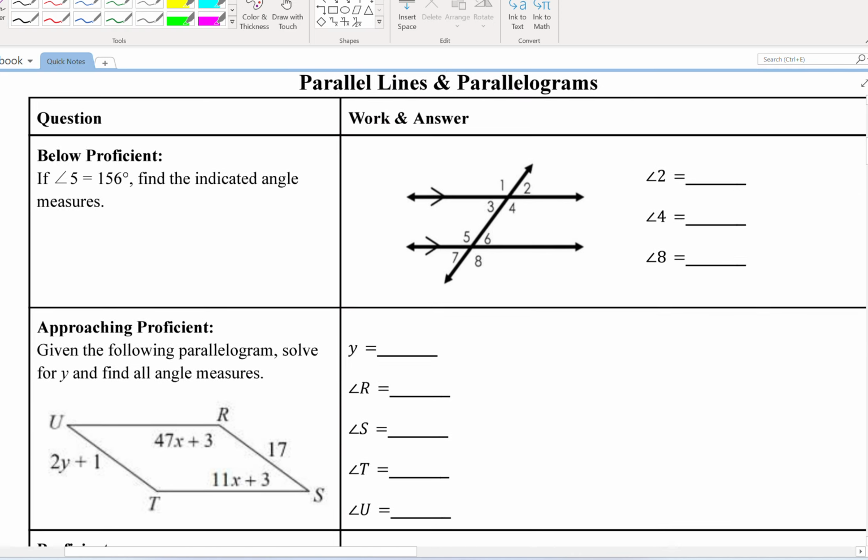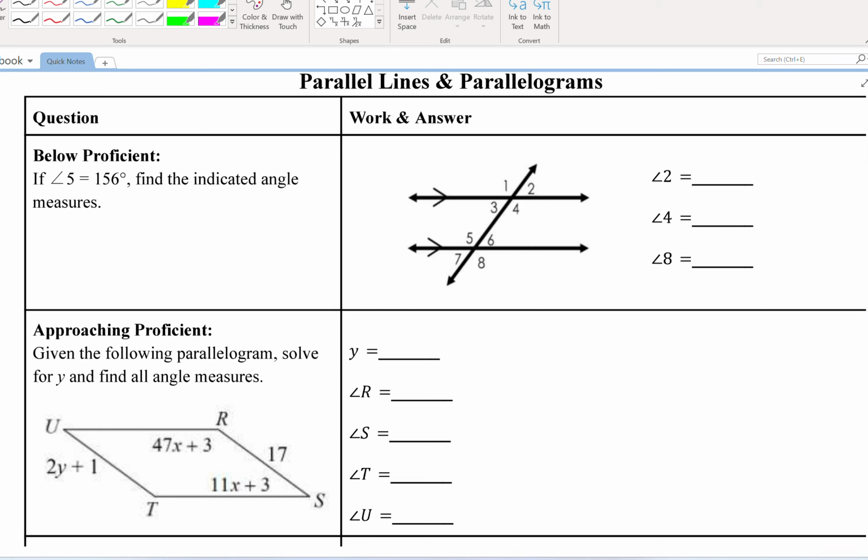We were given that the measure of angle 5 is 156 degrees. And it is congruent to this one by what's called vertical angles.